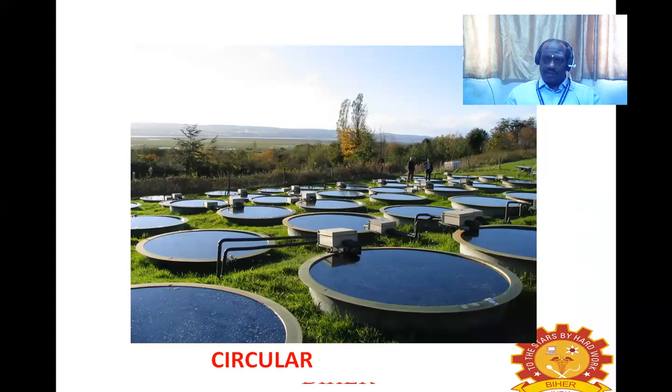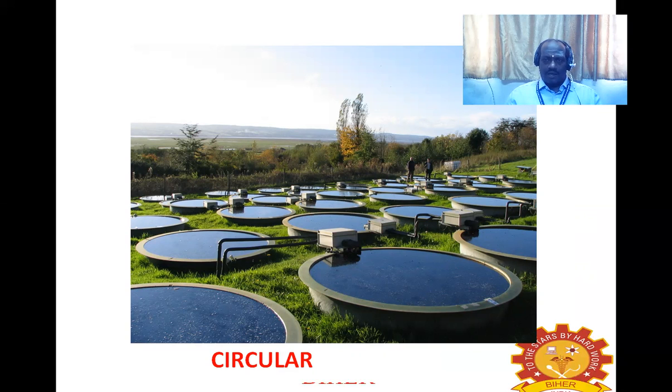According to the shape also, we can classify the tanks, particularly the water tanks. In that classification according to the shape, we have circular water tanks. Mainly these circular tanks we can use for water storage, and in the sewage treatment plant also we can see a lot of sedimentation tanks.